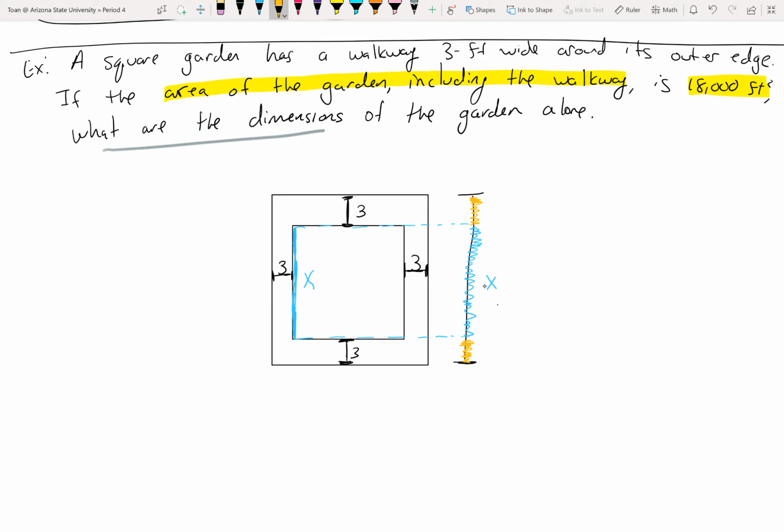Well, according to our diagram, we don't have to do any figuring out. You just use your eyeballs. Those green lengths have to be 3s, because it says it's 3 widths around. Therefore, I am done. The whole side of the big square has to be x plus 6. Sorry, sir. I'm slow.